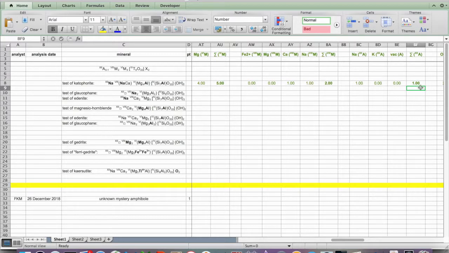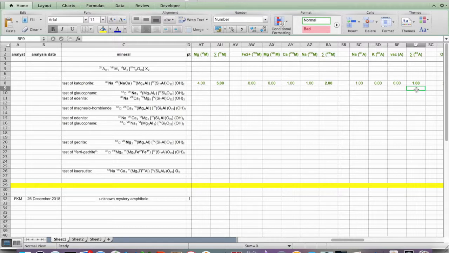And now you see we have our 1 for our A site, and this will always be, or generally always be 1, because this vacancy number will nominally vary between 0 and 1. And so as we add all 3 of these columns up together, this will be 1, or on rare occasion it might be a little bit over 1.